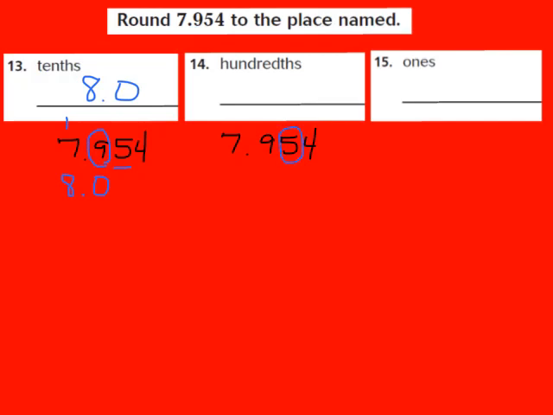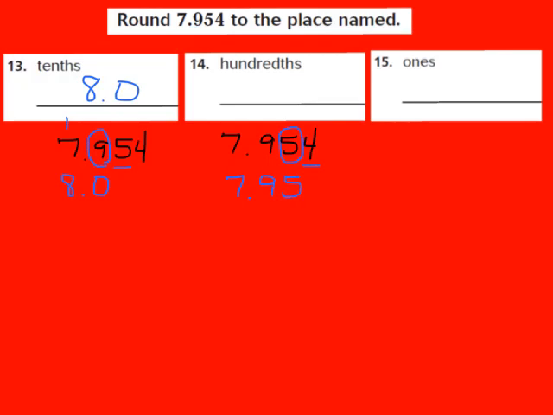I know that my 4 is to the right of my 5. Now I'm going to look at that 4, and what I notice is that 4 is less than 5. If that 4 is less than 5, then my circled number stays the same. So I'm going to write down my 7, my decimal, my 9, and my 5.